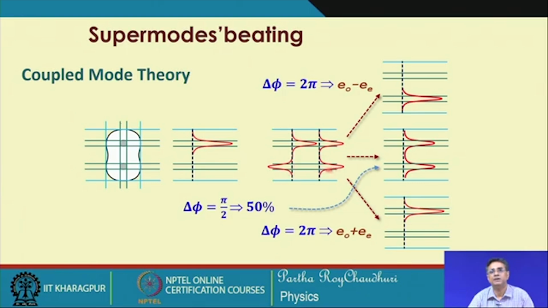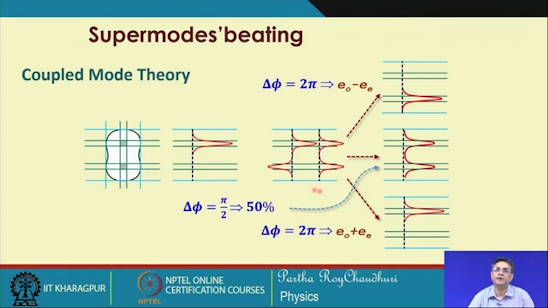They are now travelling in the waveguide, and when the phase difference between these two is 0, you have seen that the lobe is confined into the first waveguide. But if the phase difference is, oh, there is a mistake, this should be pi, this should be pi. If the phase difference is pi, then they will be subtracted. As a result, the light will be confined only into this waveguide.